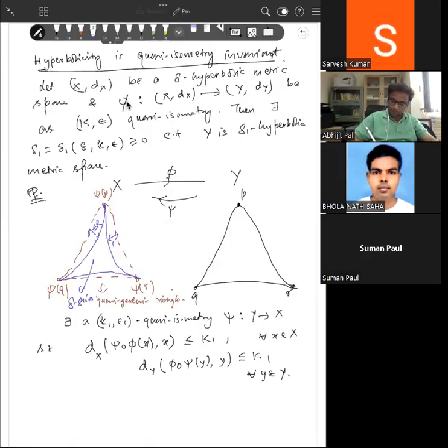This is coming from the stability of quasi-geodesics. So the quasi-geodesic triangle is now delta plus R slim.